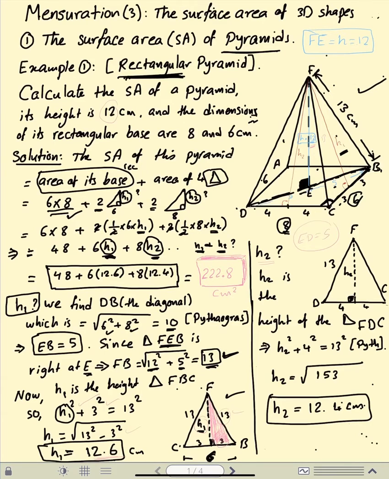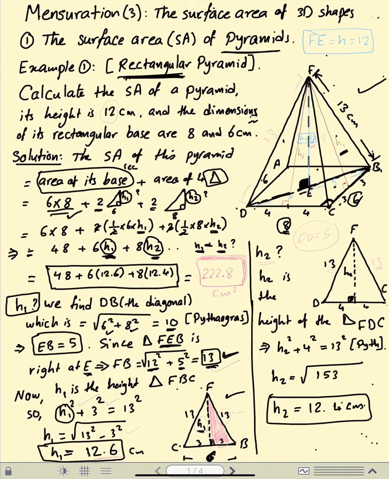So 12 squared plus 5 squared, as we did in this step, you'll get the same answer, which is FD is 13 as well. So it's definitely 13. This is also an isosceles triangle, but its base is 8, so it has a different height.